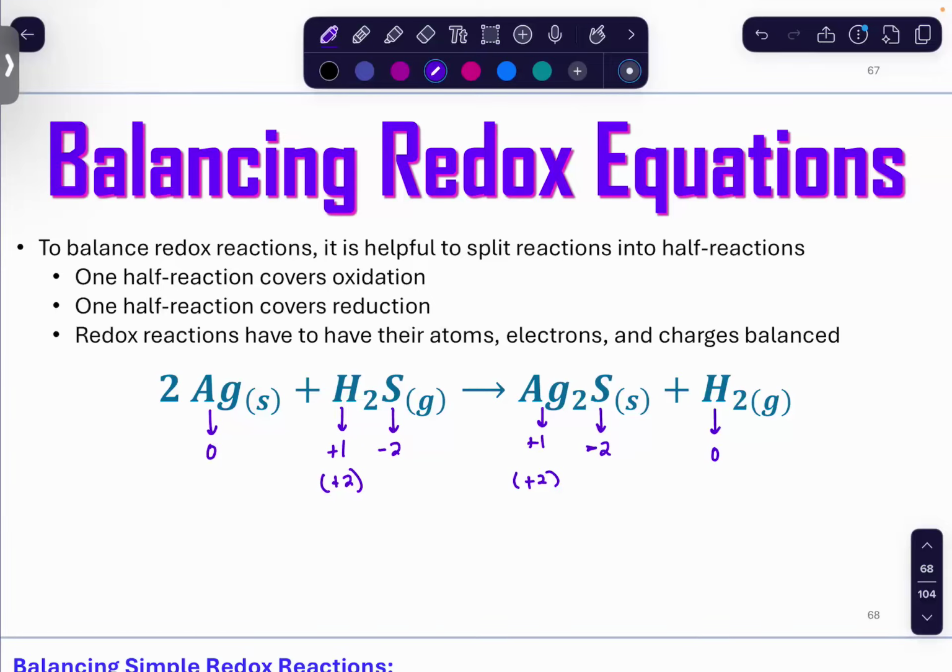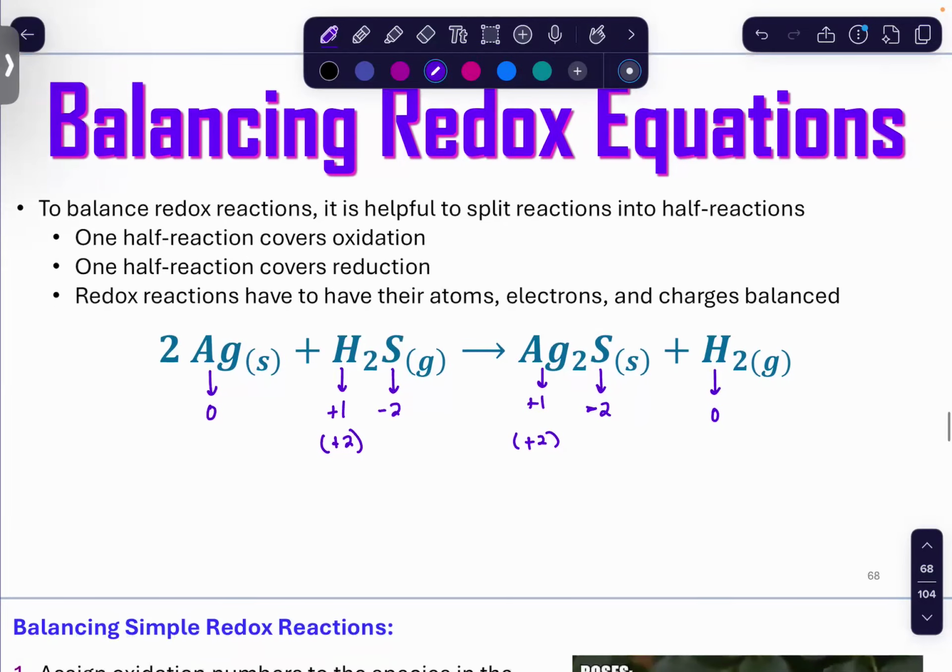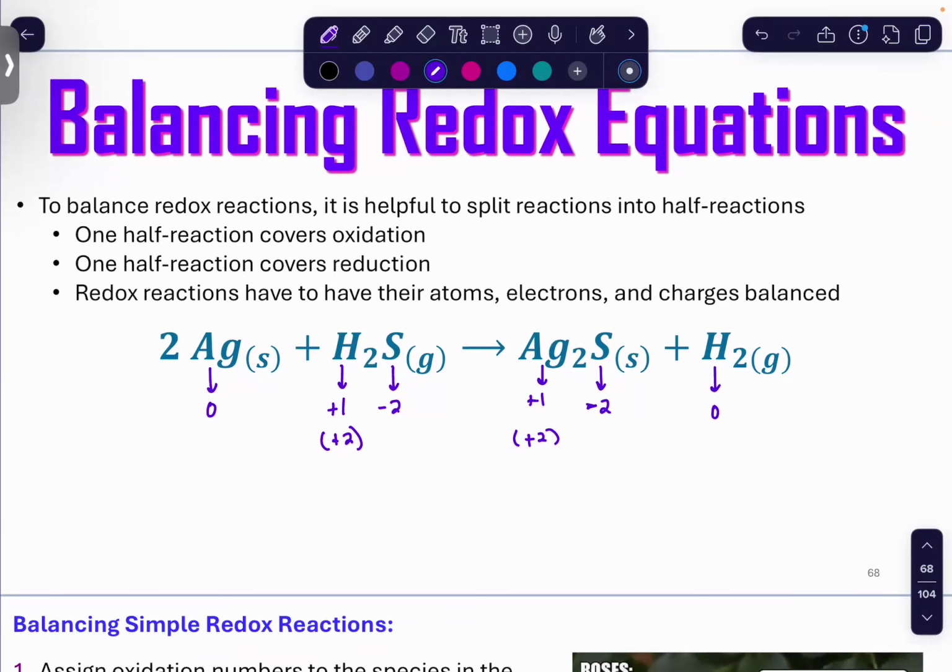Now we have to break this into half reactions based off oxidation and reduction. So we notice that silver goes from a 0 to a +1. So it's oxidized. Hydrogen is going to go from a +1 to a 0.